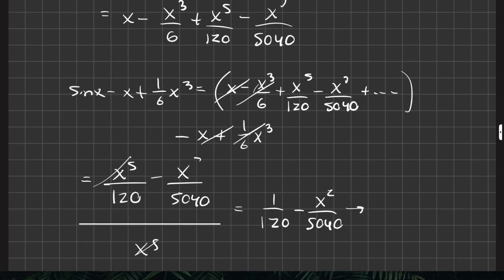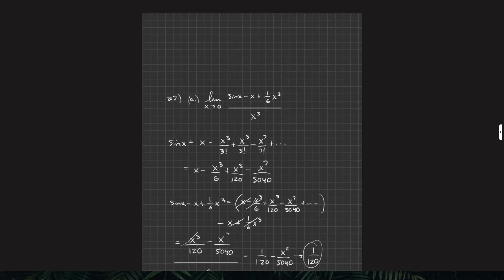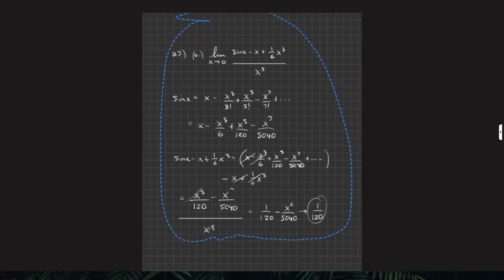And this goes to 1 over 120 when x goes to 0. And so that's the solution to our limit using Taylor series. A thing that you should try to remember is that you don't want to stop the sine expansion at x cubed because that gives 0 over x to the 5th. You need the x to the 5th term to get the correct leading constant.